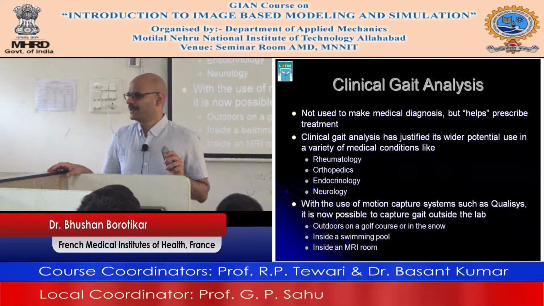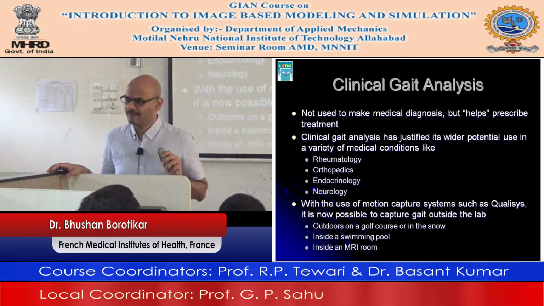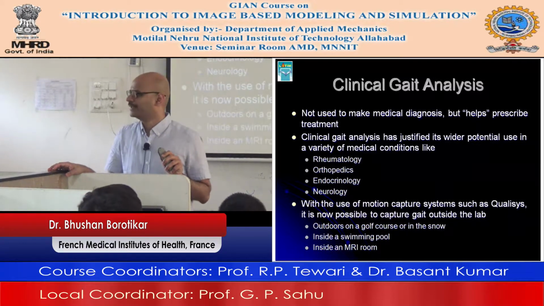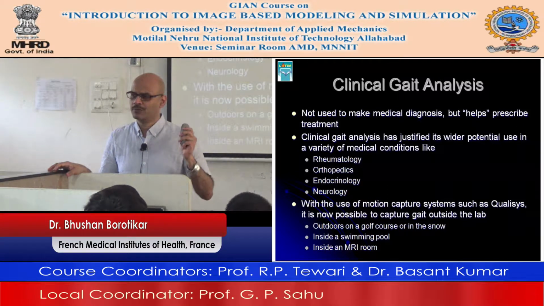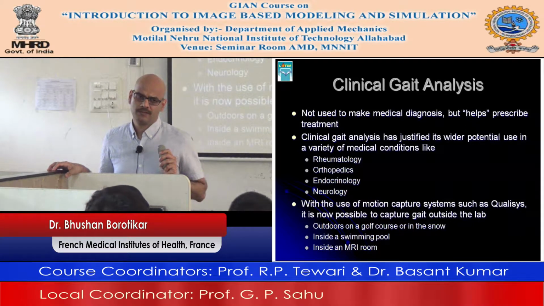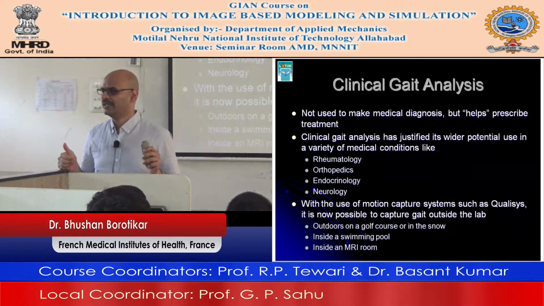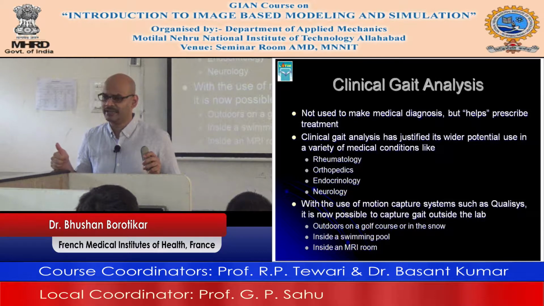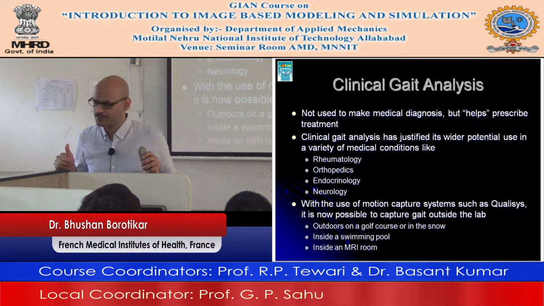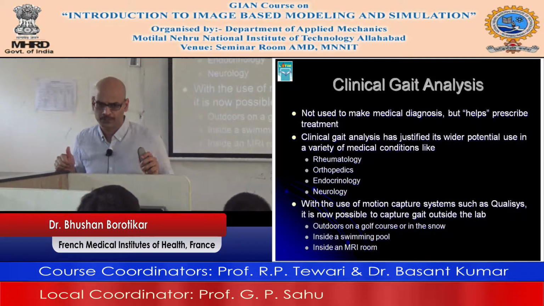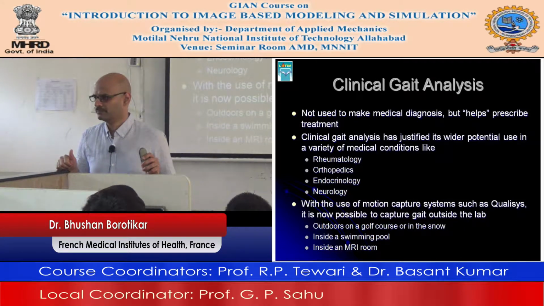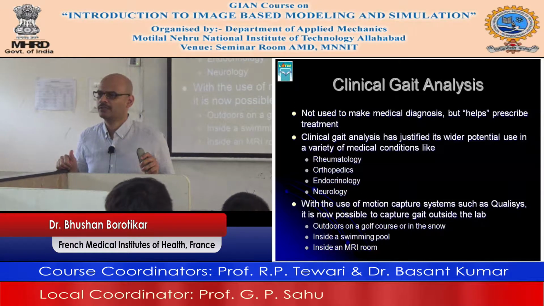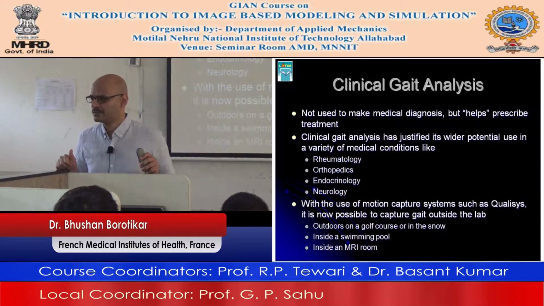Because there are possibilities of errors, which are very crucial for data analysis. The first and foremost error that gets introduced, and it may not go away anytime soon, is because of the way you measure the gait. How do you measure the gait? You place what on the body?